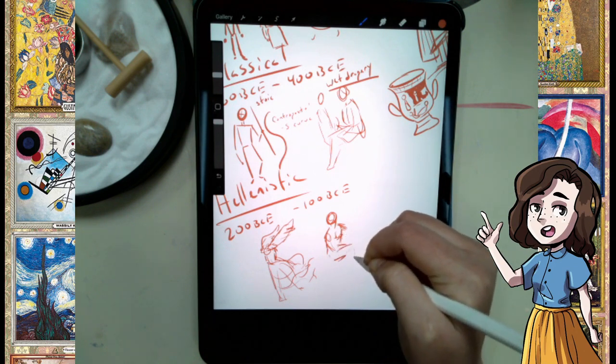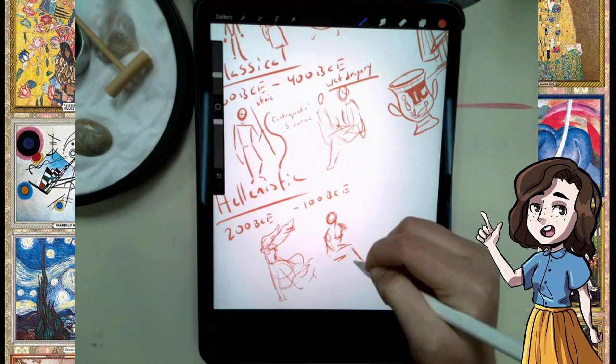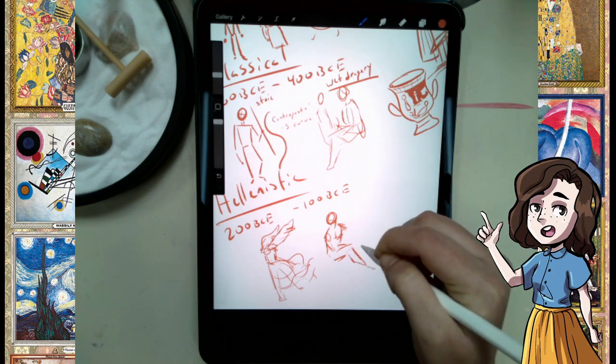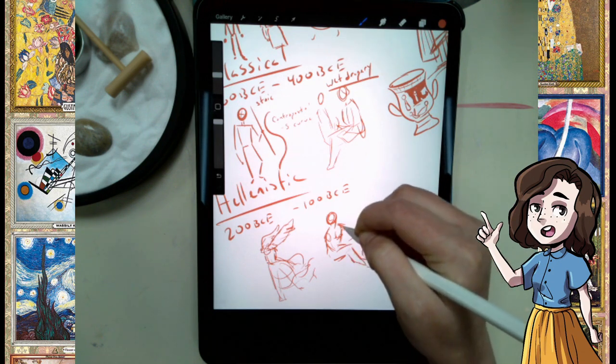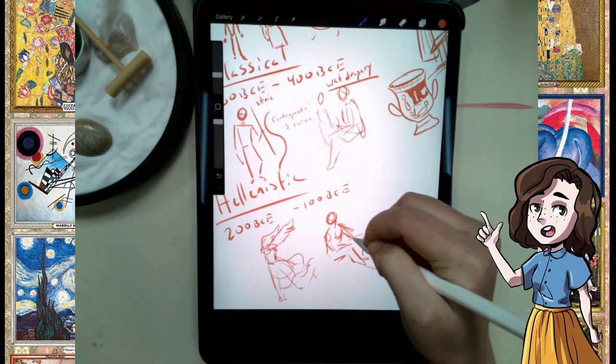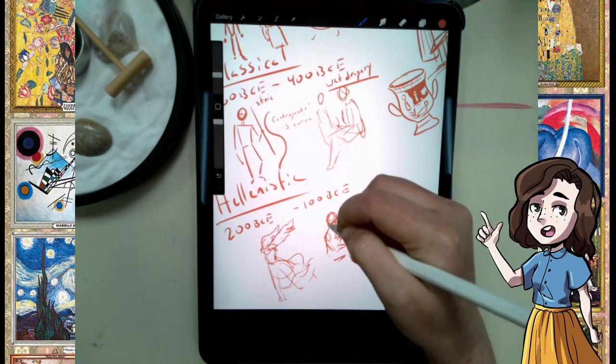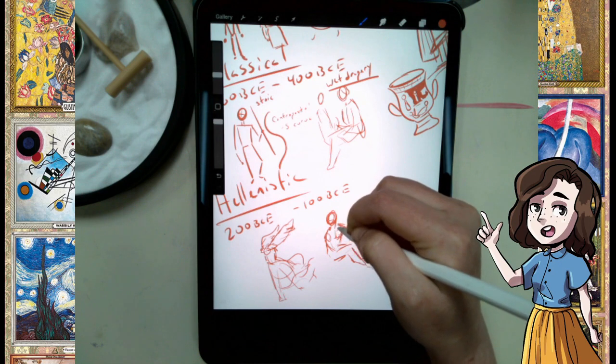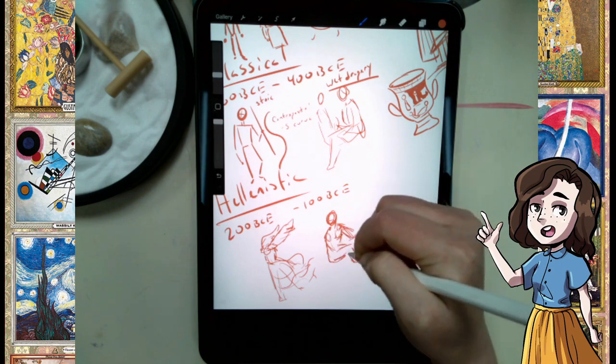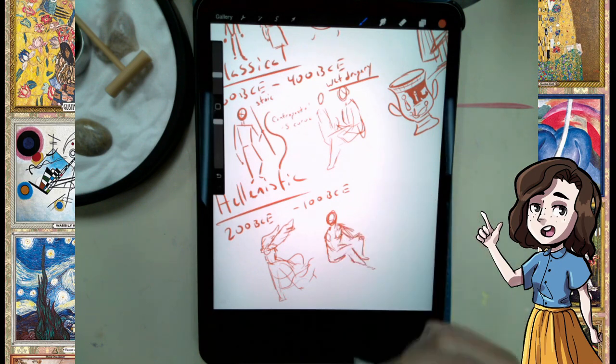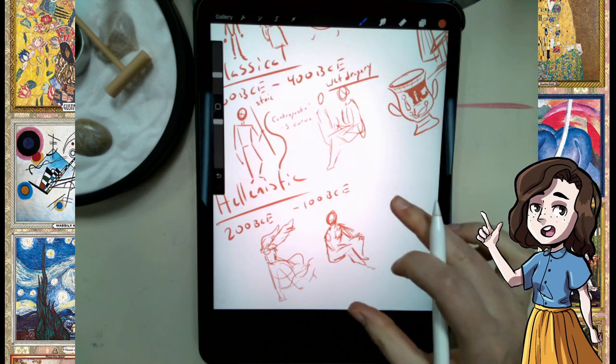It doesn't work anatomically, but it feels right because the emotion is more important. You have this exhausted, defeated boxer, so of course he's going to be a little bit more dramatic. He has cuts, he's got bruises, the drama.